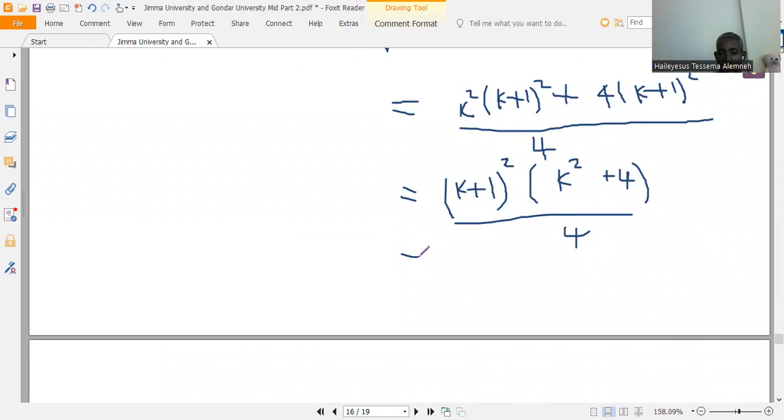so በዚህ መልኩ which is equal to k plus 1 the whole square times k square plus 4 is not k plus 2 the whole square.